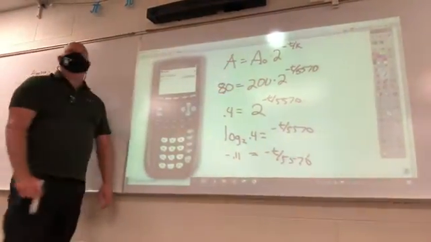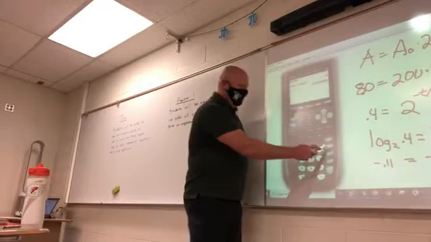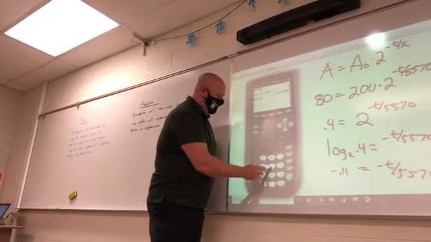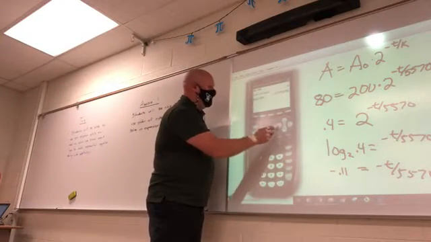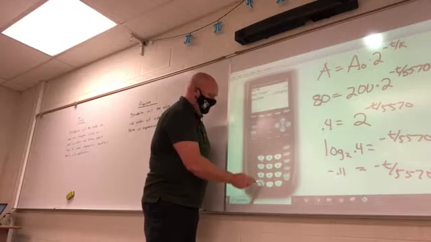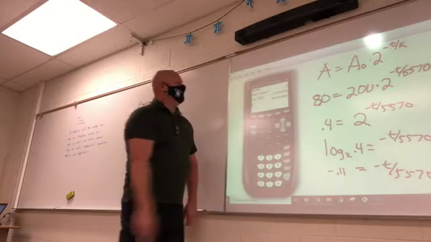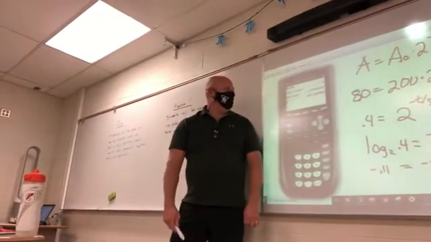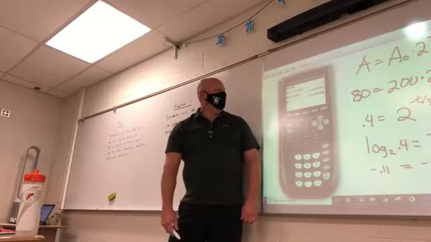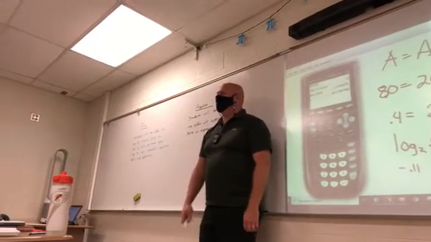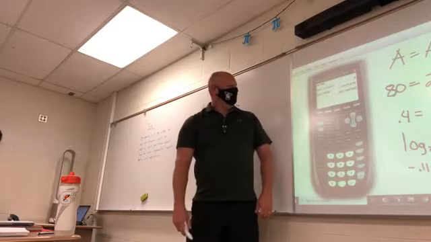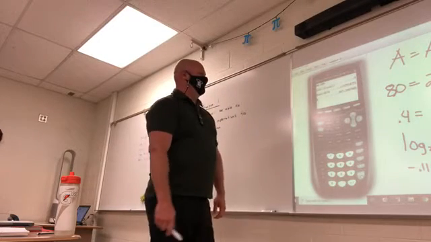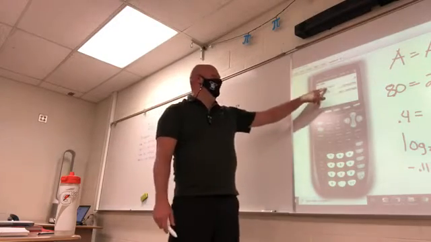What's the last step? Multiply by that negative 5570. And you get about 667. Wait. Oh, I didn't put a divide symbol in there.